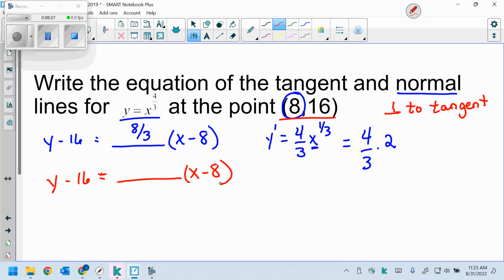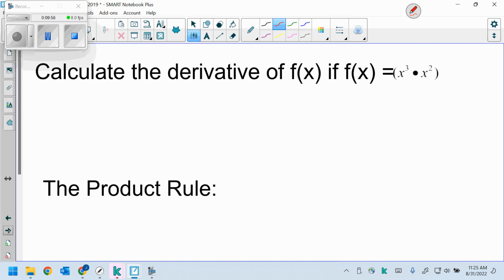If running through your head right now is opposite reciprocals, you are absolutely correct. The opposite reciprocal of 8/3 is negative 3/8. And now you've got the equation of the normal line. So, not a real familiar term, but if you can remember that it is perpendicular to the tangent, it shouldn't be too intimidating.